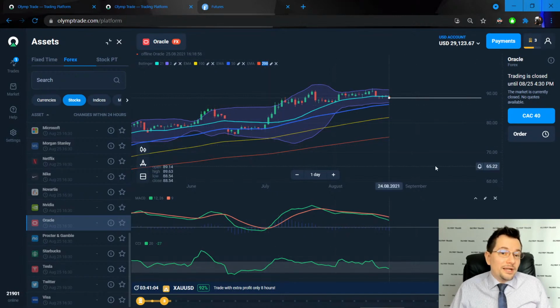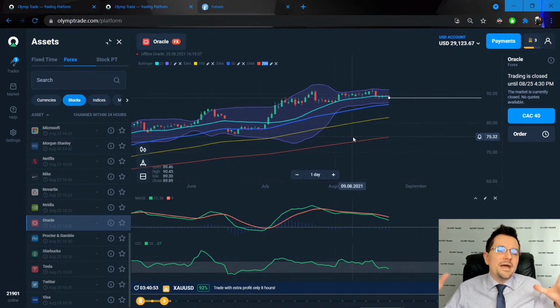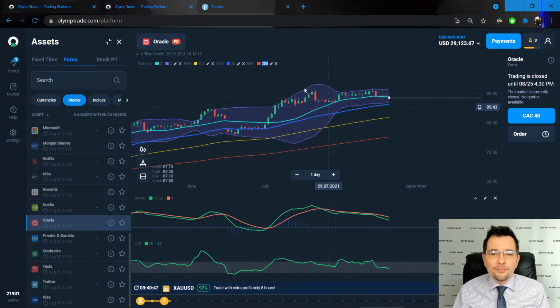This is actually my setup right here. I have two windows open, and it's the same account. If I click refresh, all these options will be lost. But this gives me a massive overhead view, and it allows me to see when critical levels are touched. Whenever we touch the 200 EMA, it's a critical level.